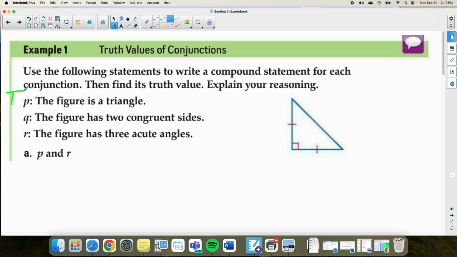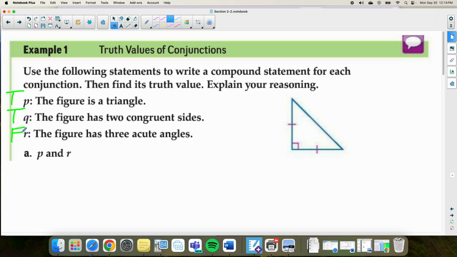The second one says the figure has two congruent sides. Isn't that what these little dash marks are saying, that they're congruent? So I'm going to put that one's true also. And for R, it says the figure has three acute angles. What do you think about that? No. Isn't it because one of them is right? So this one is false.